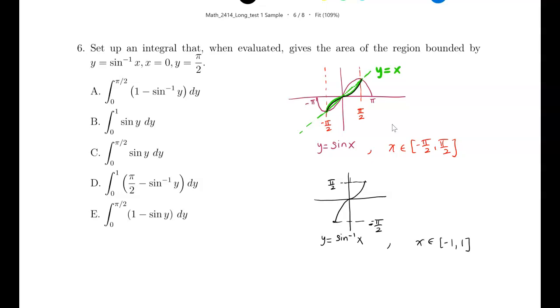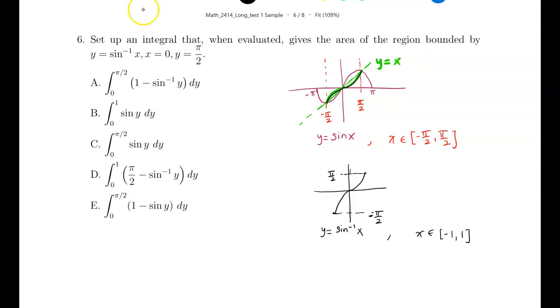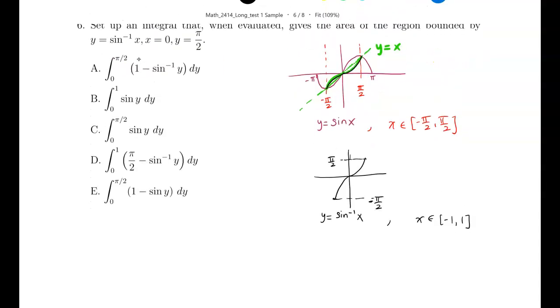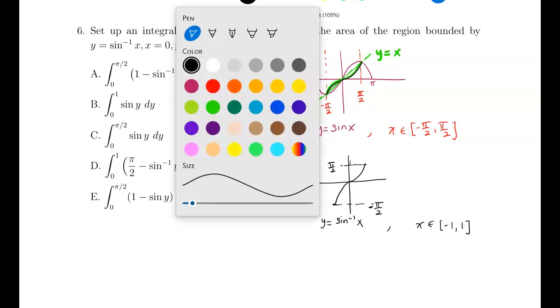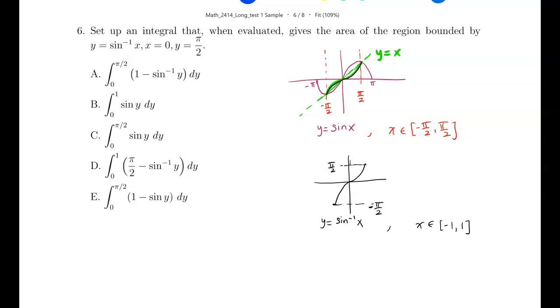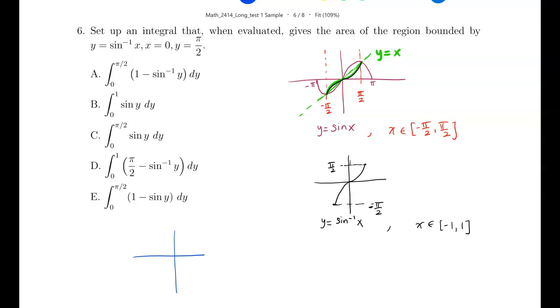All right, so that's the graph. So here, let's go back to the problem. Set up an integral that when evaluated gives the area of the region bounded by this. So let's graph that region. How does the region look like? That region, sine inverse, would be like this. You just need a rough sketch.